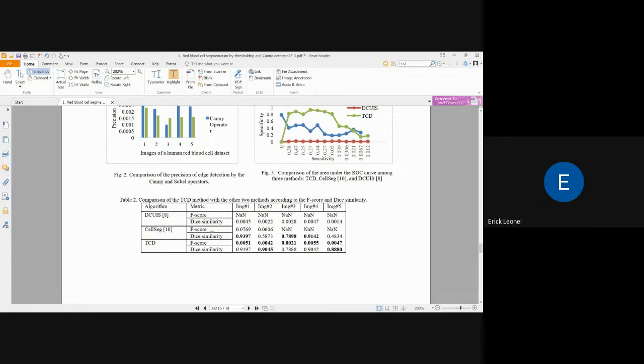Furthermore, this table shows that the segmentation of the DCU and ICE methods results in slightly lower values than those for the TCD algorithm according to the Dice similarity metrics.